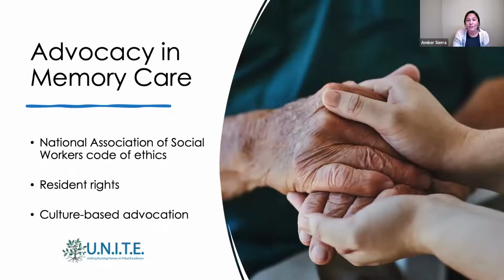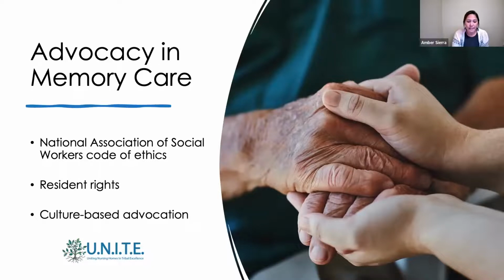Here at the Oglala Sioux Lakota Nursing Home, we have a list of 25 rights that our residents read over, and they talk over with us, and also their guardians, family members, or whoever is helping them to navigate the system. We talk about their rights with them as well.